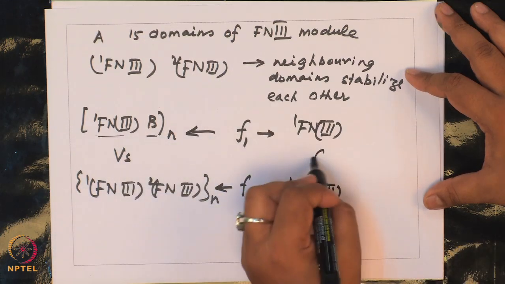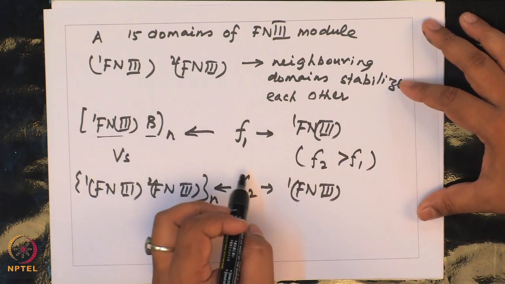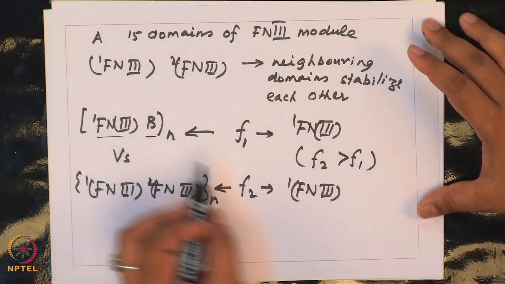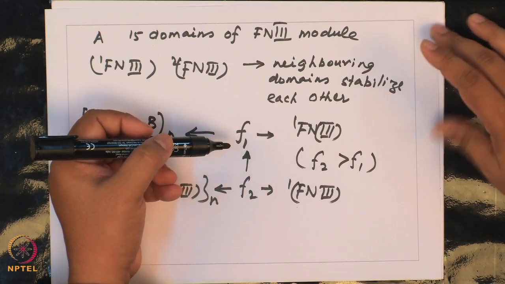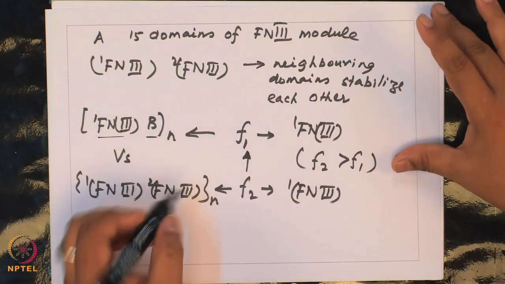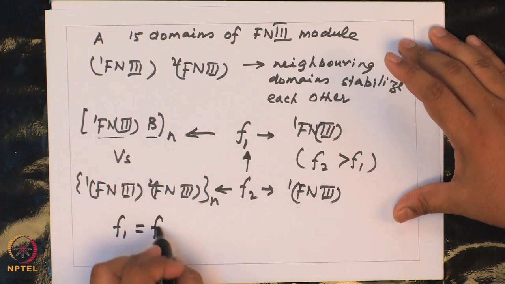You might see F2 is greater than F1. So, if there is a stabilization by a neighboring domain, you might see the F2 force that you measure to be greater than this F1 force. Versus if there is no neighboring interaction, then F1 equals F2 is what you will get.